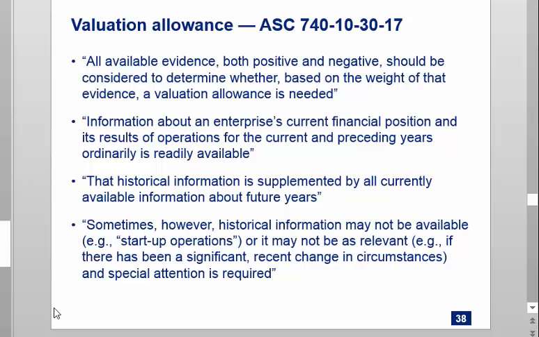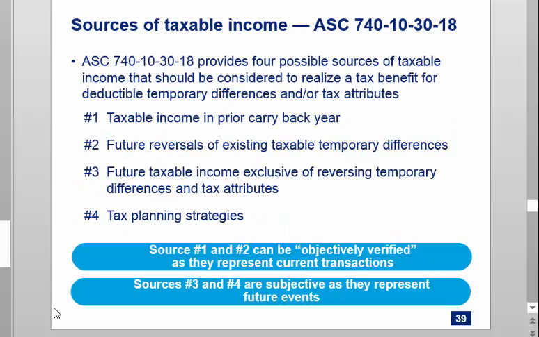Okay? Now, let me come back to this. So there's 4 types of income that you could use to support a deferred tax asset. Let's say that we have one deferred tax asset and it's an R&D credit carryover.